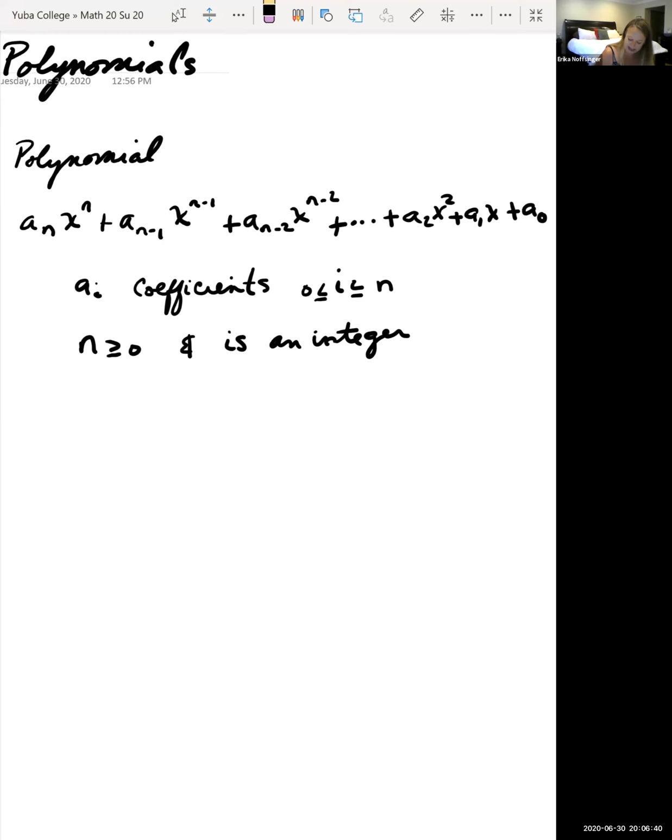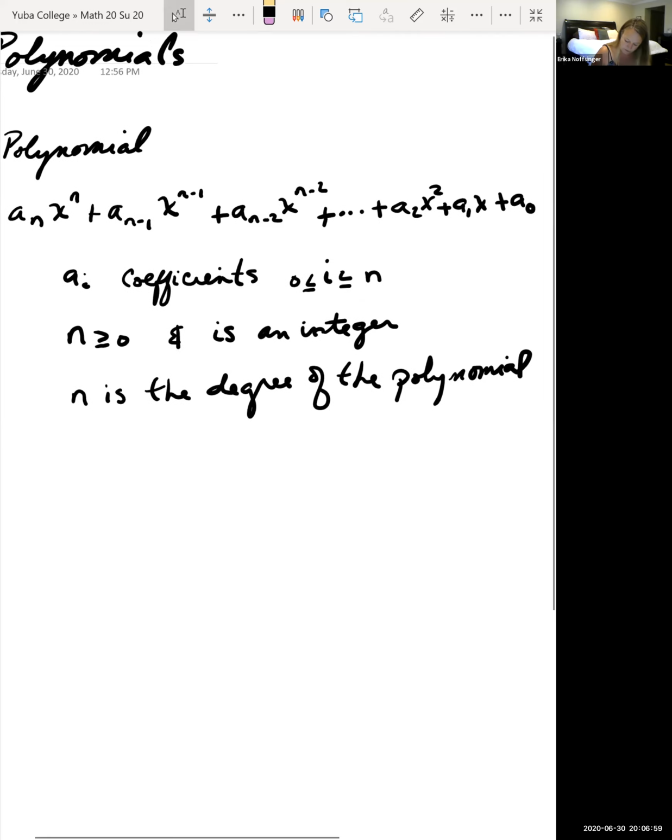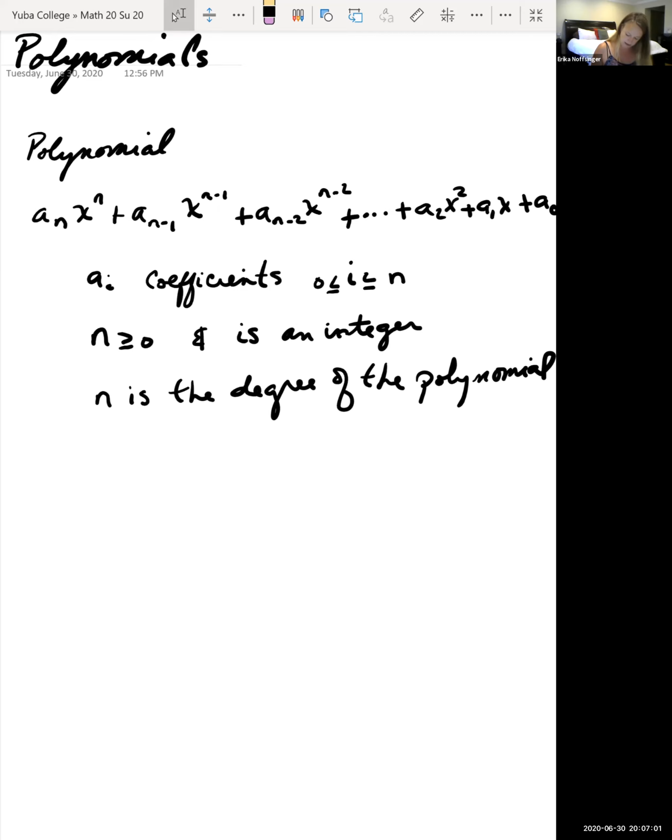We say that n is the degree of the polynomial. And a sub n, we're going to use this when graphing. This is called our leading coefficient.